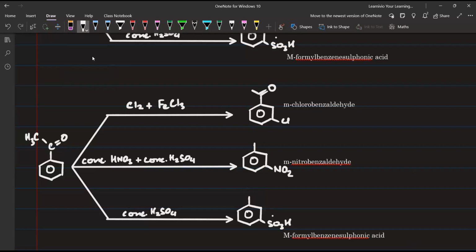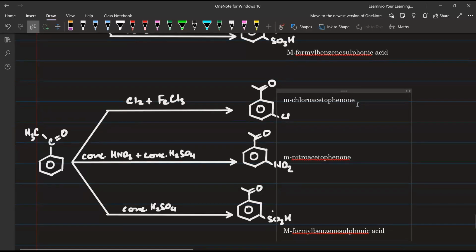If I draw it like this, does this make sense? Yes or no? Tell me. Yes. Now there is no formyl here. We have m-acetylbenzene sulfonic acid.